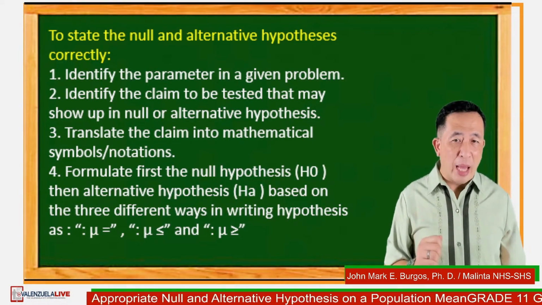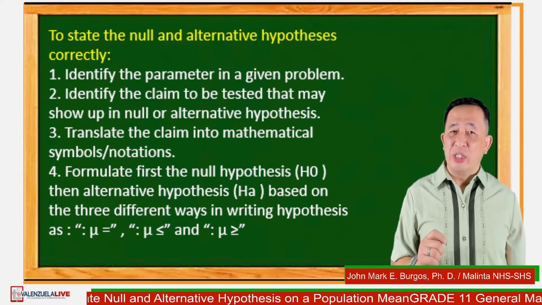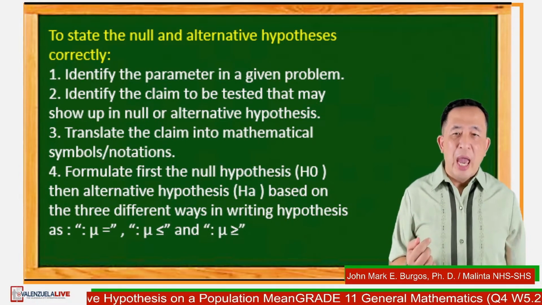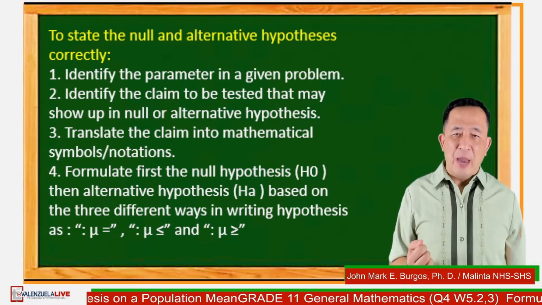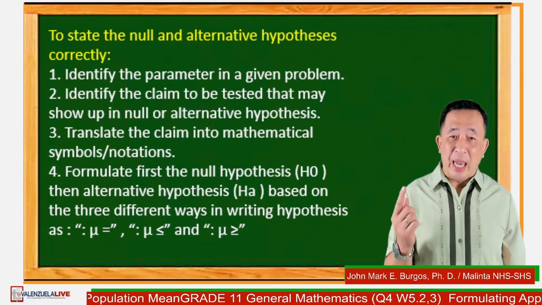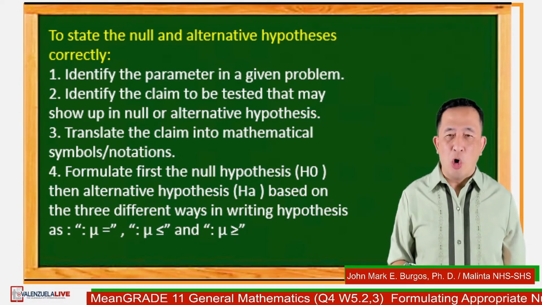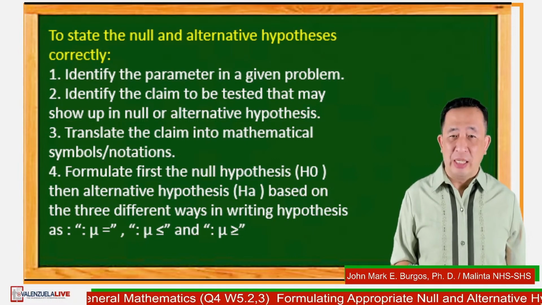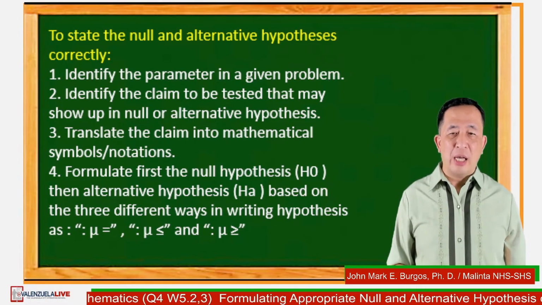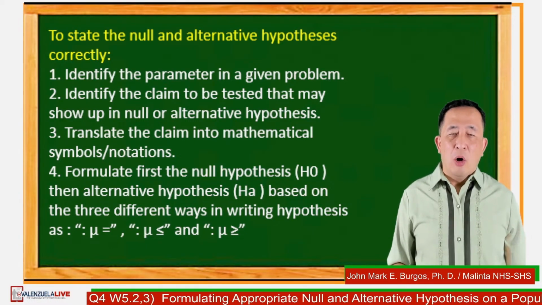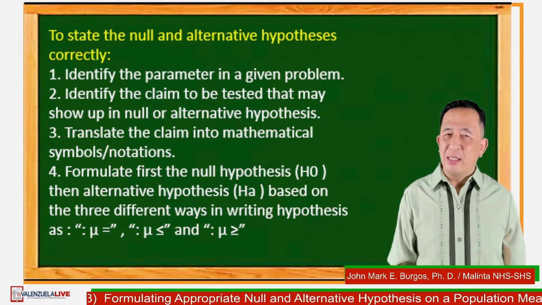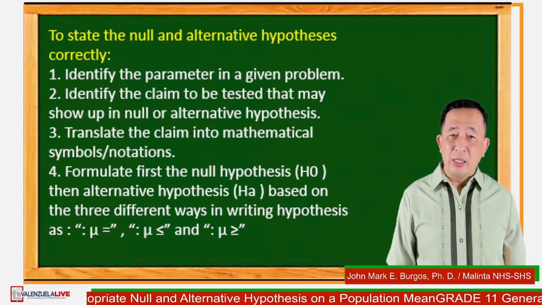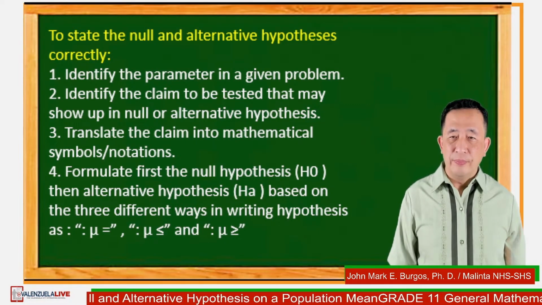And the last one, formulate first the null hypothesis, symbolized by H0, of course, then the alternative hypothesis, symbolized by Ha, based on the three different ways of writing hypothesis: mean is equal to, mean is less than or equal to, and mean is greater than or equal to.